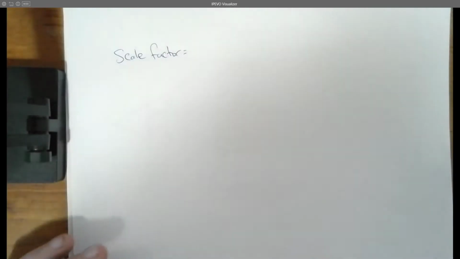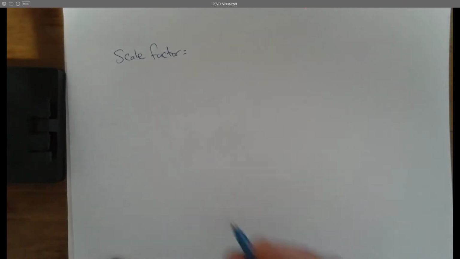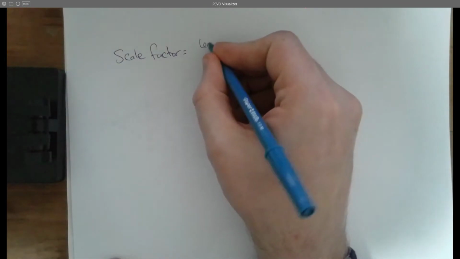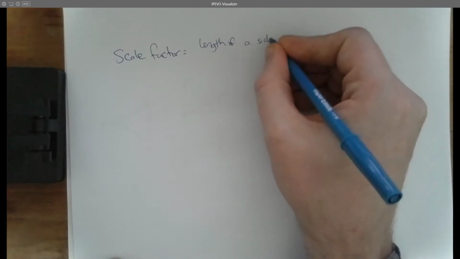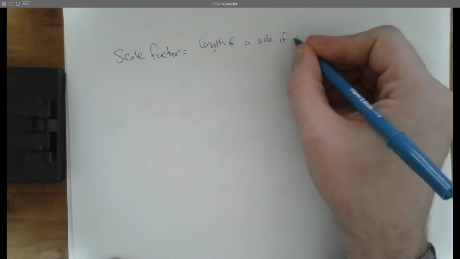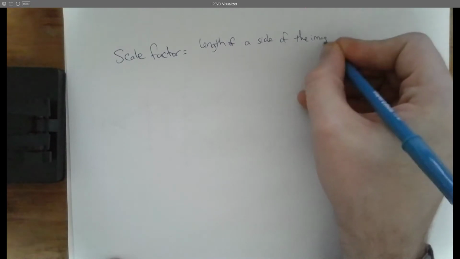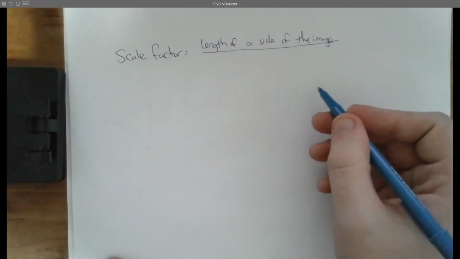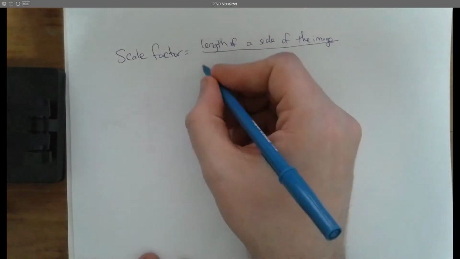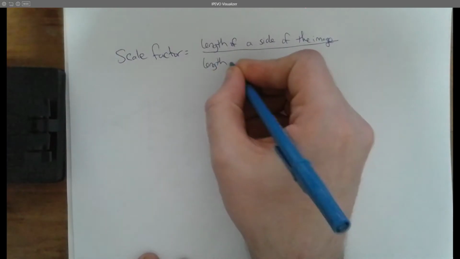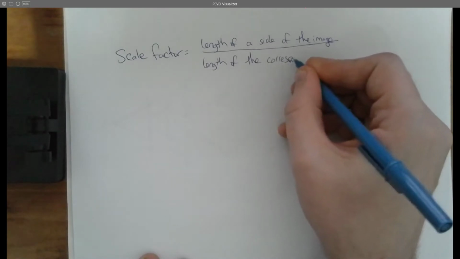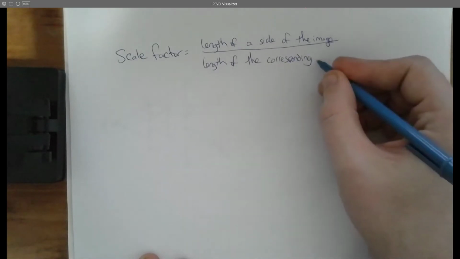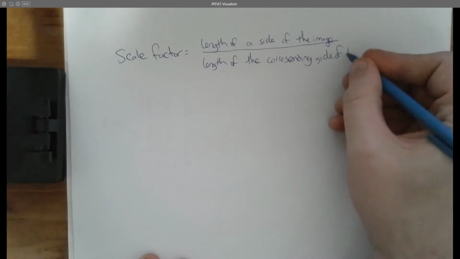And we have actually a really simple formula to solve for scale factor. And that is that we're going to compare the length of a side of the image, and we're going to divide that by, or compare that to, the length of the corresponding side of the object.